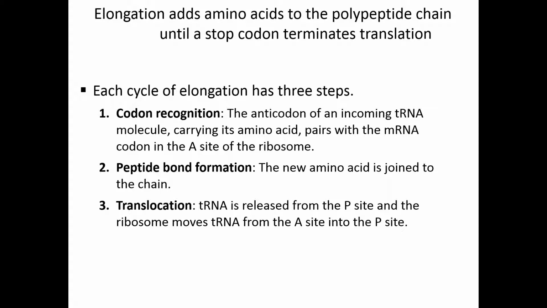That's kind of the idea, except in slow motion. Your messenger RNA is being pulled through one codon at a time, and this new codon sequence will occupy the A site.